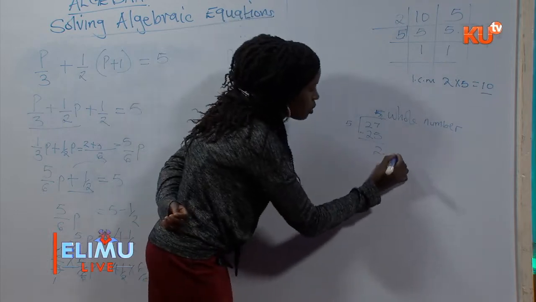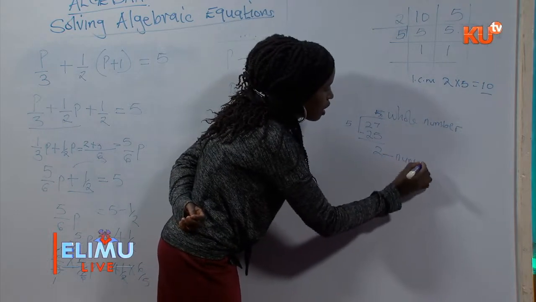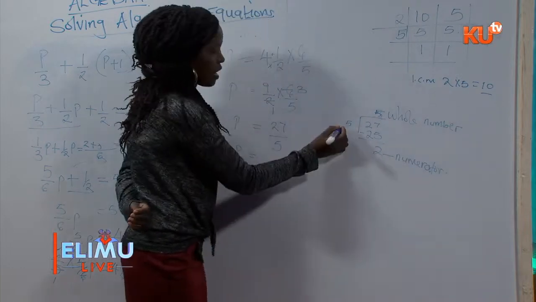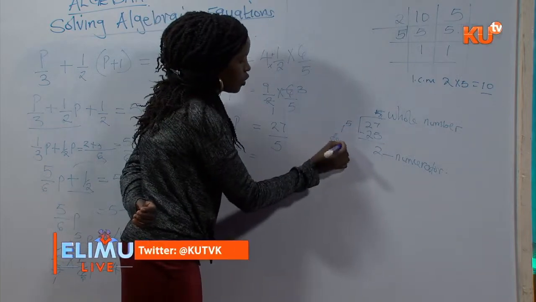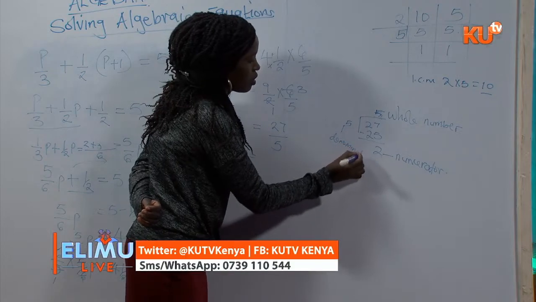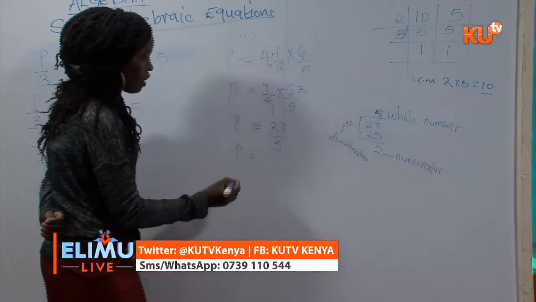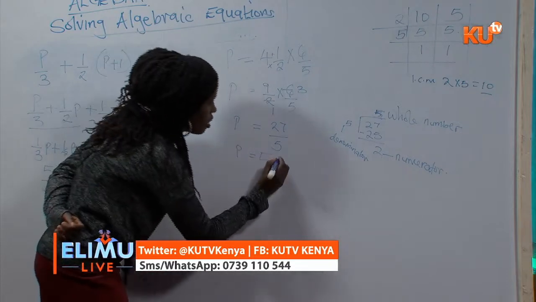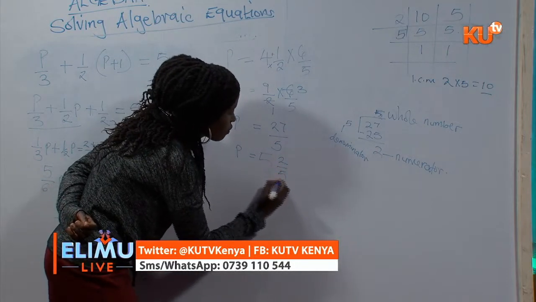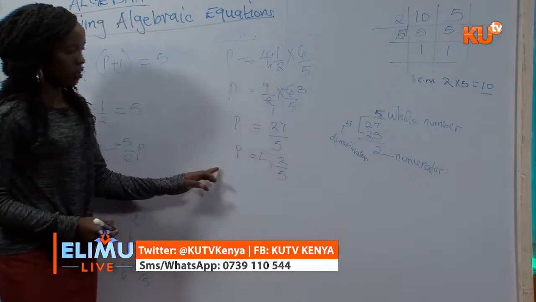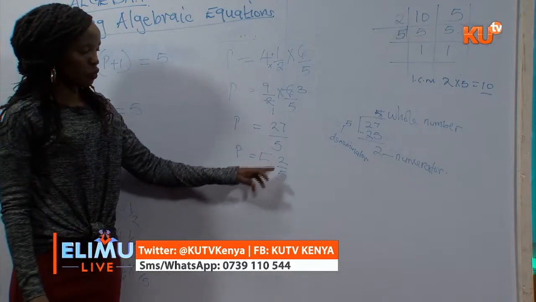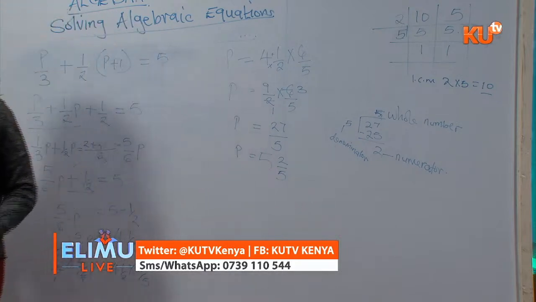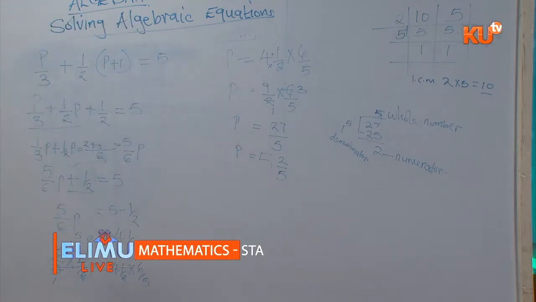And then 2 is going to be our numerator when we are forming our fraction. And then 5 is going to be our denominator. So don't confuse the numbers after you have gotten it. So we are going to have 5 as our whole number, then 2 over 5. So the value of our p is going to be 5 2/5. That is the answer for the value of p.